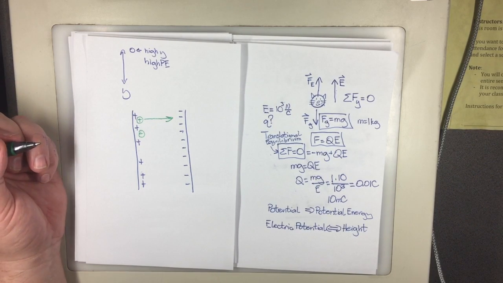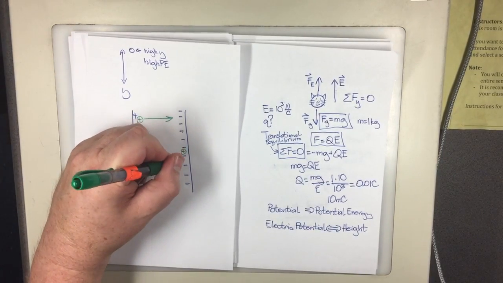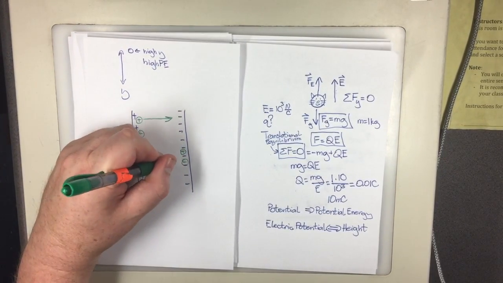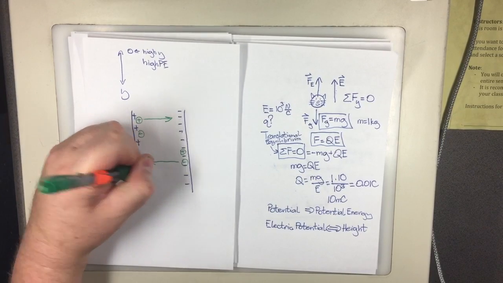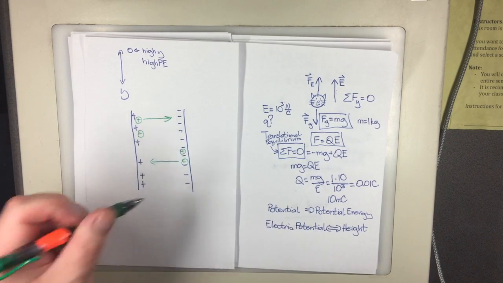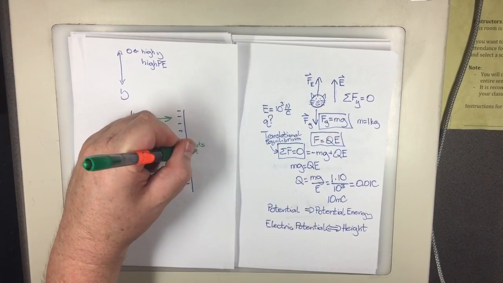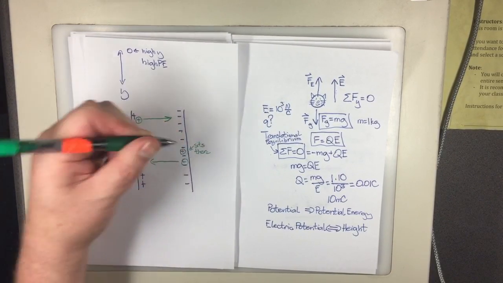It'll stick up against the plate. Likewise, if we have a positive here and a negative there, it will be the negative charge that moves and experiences a force that causes it to accelerate, while the positive charge just sits there because it's bumping up against the plate.